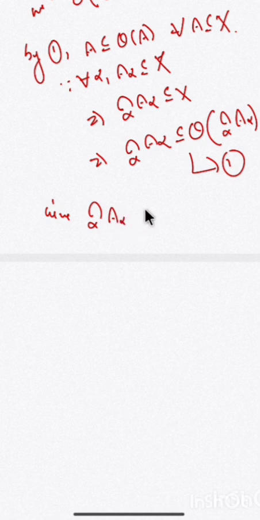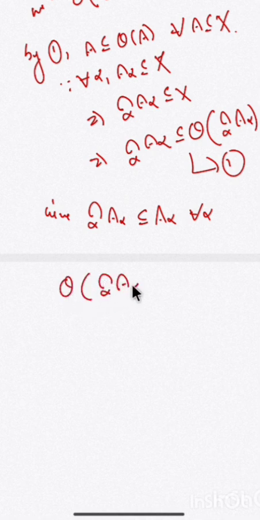So it will clearly be contained in A alpha for every alpha, because this intersection is the smallest one. So the intersection of A alpha will be contained in A alpha for every alpha. Then we apply the function theta: theta of the intersection of A alpha will be contained in theta of A alpha.